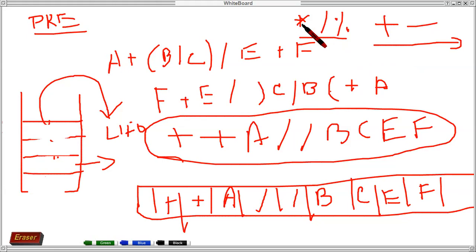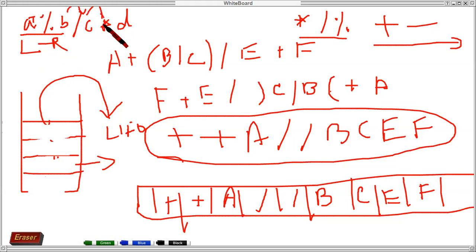Suppose you have this expression, say A modulus B divided by C into D. In this expression you have operators of equal precedence. Then what happens? The compiler starts executing in left to right order. That is, A modulus B is performed, then comes the division operator, and at the end is the multiplication. Clear?